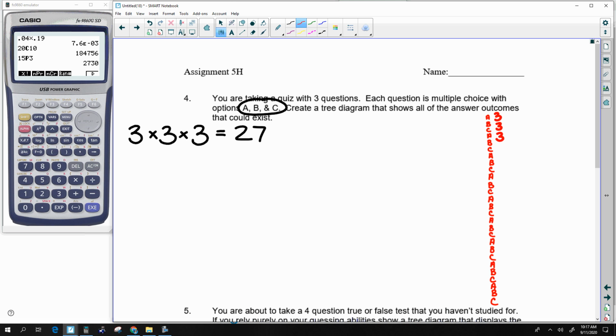Let's see if I can do this. This is ridiculous. It's a little hard here.